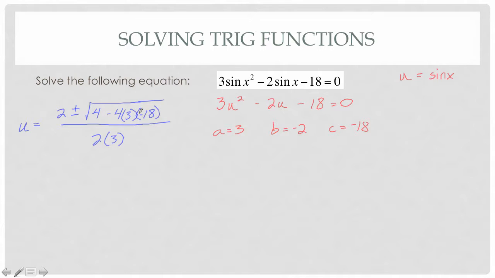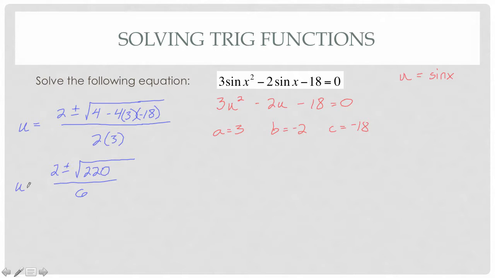If I do some simplifying, 4 times 3 times 18, let's grab my calculator, 4 times 3 times 18, and I'm going to have 4 plus that, so plus 4. I end up with 2 plus or minus the square root of 220, all divided by 6.